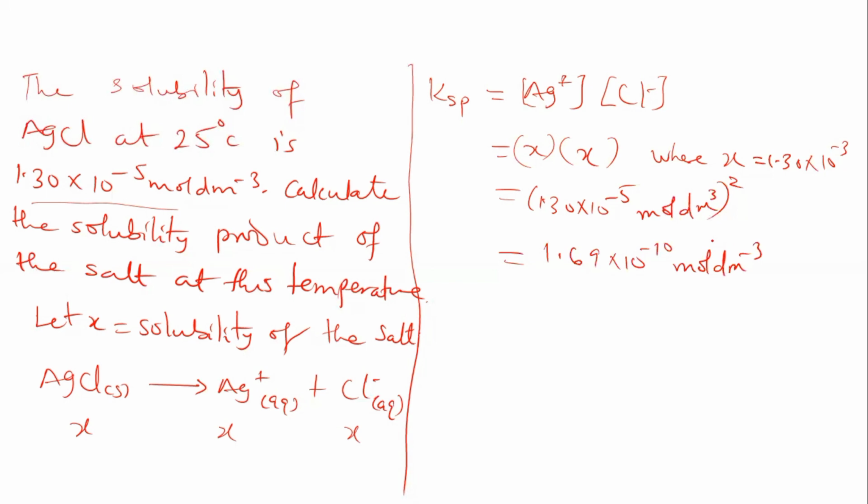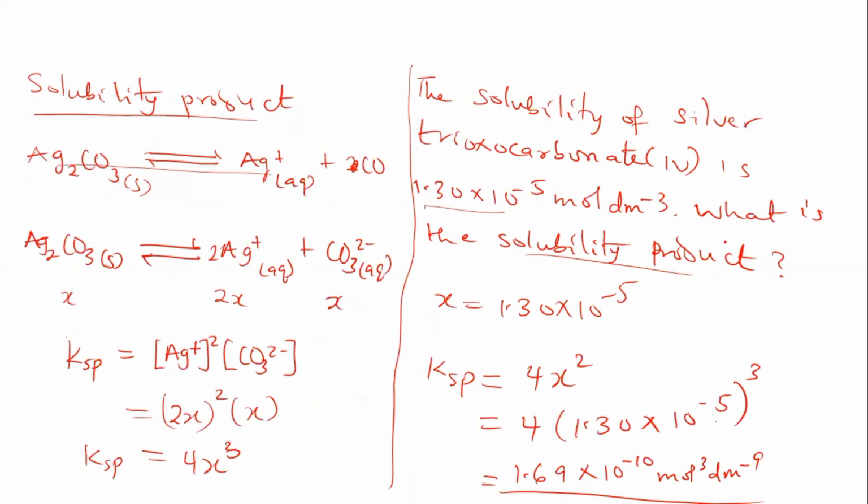Sorry, that's mole raised to power 2 dm raised to power minus 6. I'm sorry, I think there was a mistake here. So if you press your calculator very well, you're going to have 8.79 times 10 raised to the power minus 15. That's mole squared dm raised to the power minus 6.